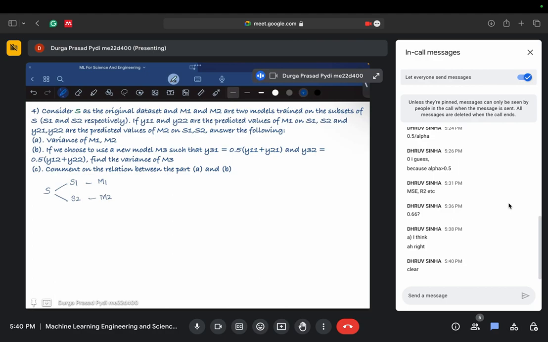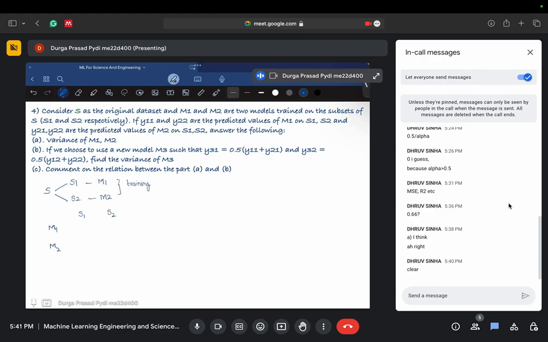And these are the predicted values of M1 on S1 and S2, and Y21 and Y22 are for M2 on S1 and S2 respectively. So how do you calculate the variance? Say you have two models, M1 and M2, and two data sets, S1 and S2. You train M1 on S1, you train M2 on S2. So this is the training.